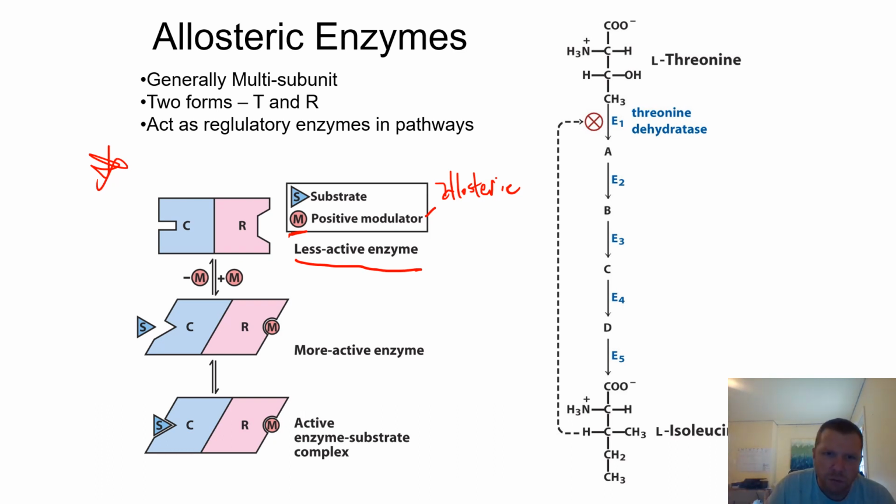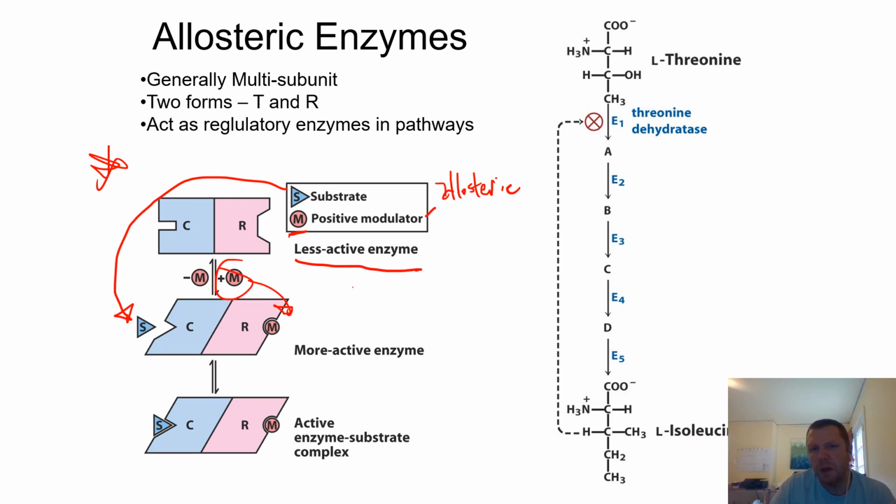When it binds right here, it's going to cause what was previously a rough rectangular shape to now have some different angles to it. Whenever it undergoes that conformational change, now all of a sudden our native substrate can bind.